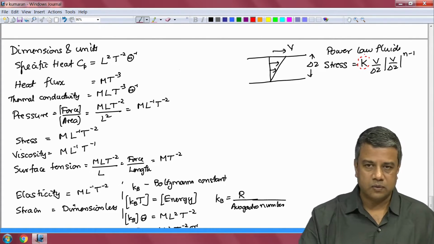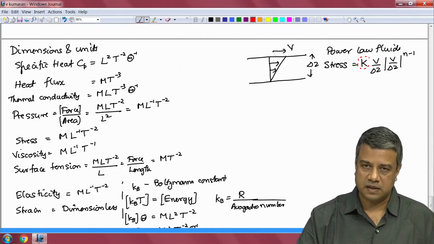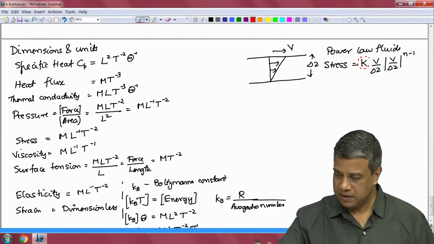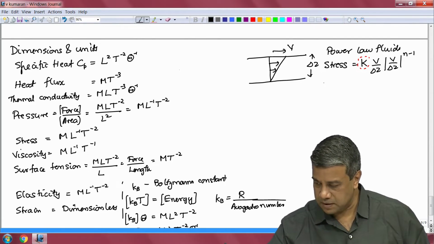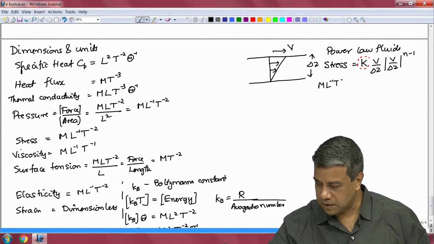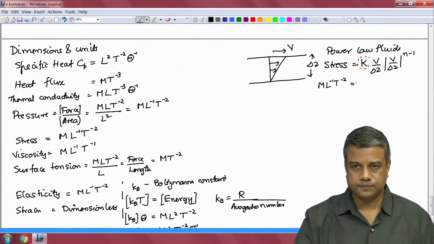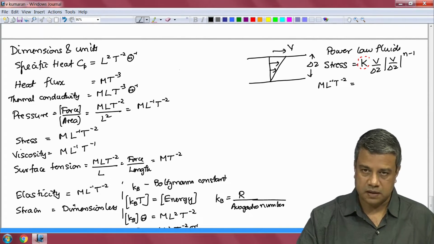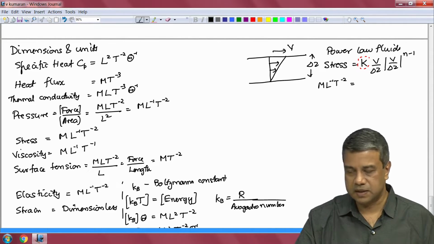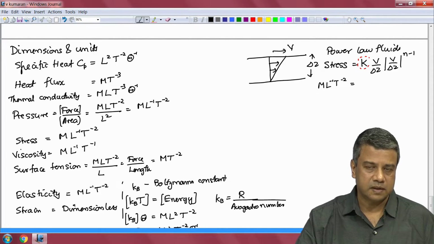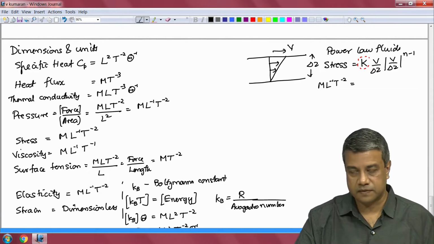We do that by substituting the dimensions on the left and the right hand sides. So, in this particular case, for example, the dimension of stress is m L inverse T power minus 2. Force per unit area, force has dimensions of m L T power minus 2, force has dimensions of mass times acceleration, and you divide that by area and you get the dimension of stress.